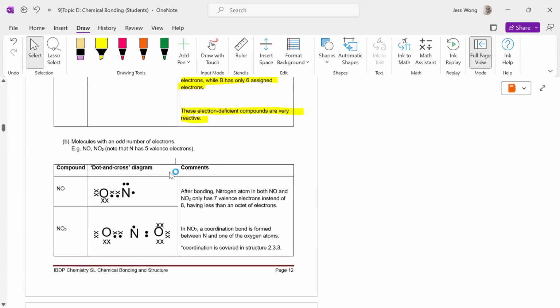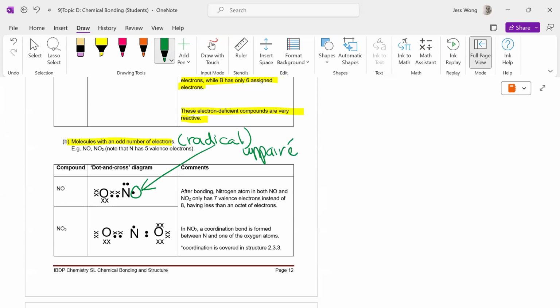Now, the next exception is whereby the central atom may have less than 8 and in fact has an odd number of electrons, which we call a radical. Radical means you have an unpaired electron. And getting this unpaired electron with a structure less than 8 is very common for nitrogen.